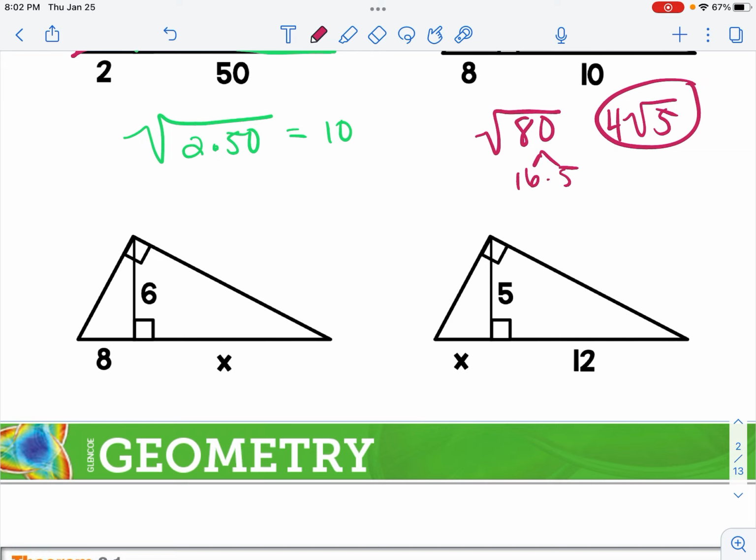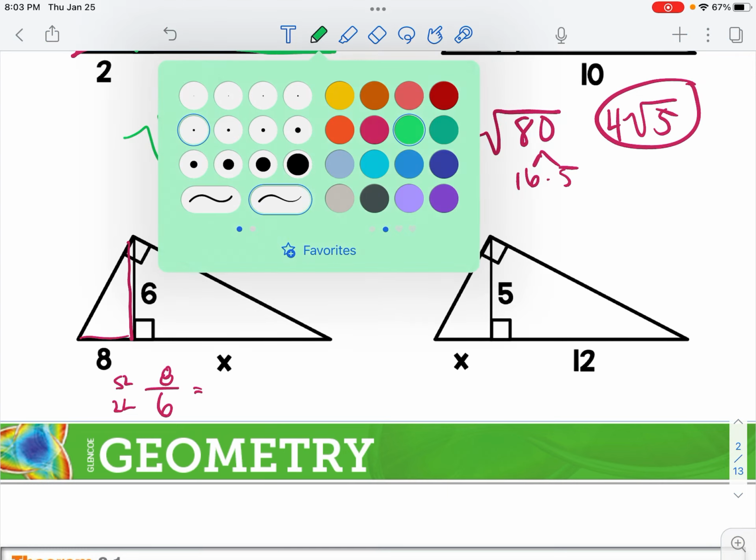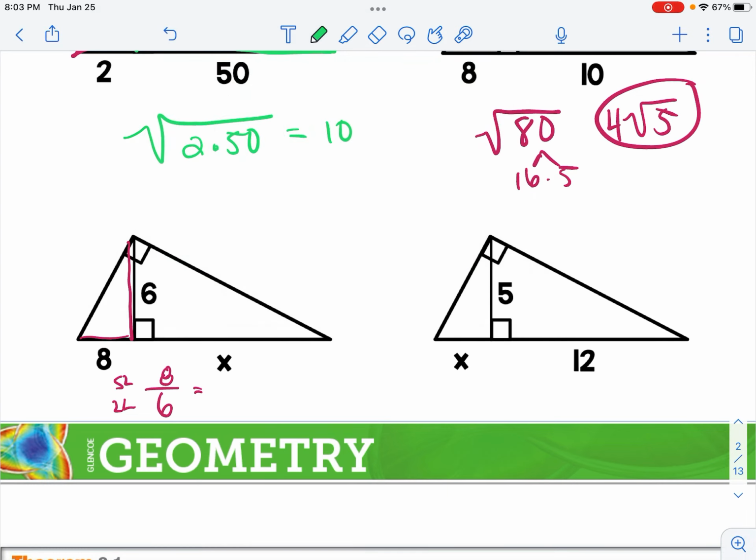So if I set it up the same way, this one's short leg to long leg ratio is 8 to 6. That is short leg to long leg. So following that same pattern, the other triangle, short leg is 6 to x, or 6 over x. When I cross multiply, I end up with 8x equals 36.